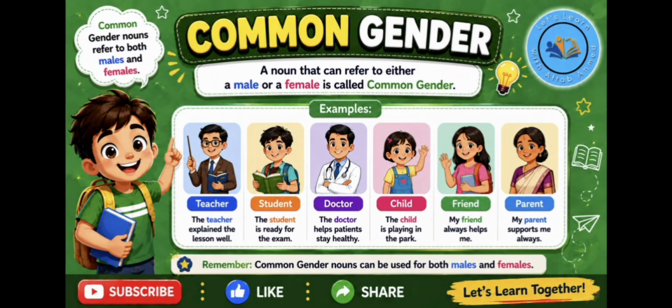Parent. A parent can either be a father or a mother. All these nouns can refer to both males and females. Therefore, they belong to the common gender. Remember, common gender nouns can be used for both males and females.